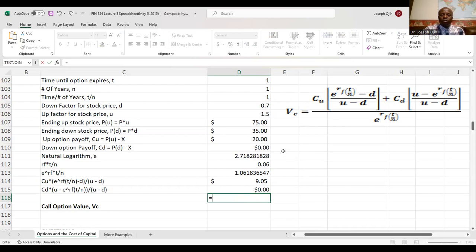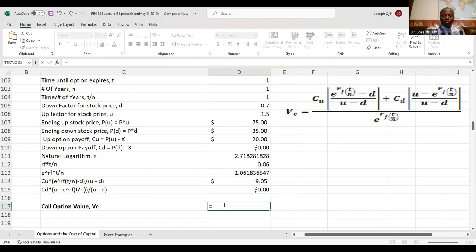Excuse me, so VC, which is the value, becomes the whole of this. We call this here this part, plus the whole of that, which you got here as 0, divided by E raised to the power RF times T over N, which we got right here. Press the enter key. $8.52. Oh, I did it in the wrong place. I'm not supposed to do it here.